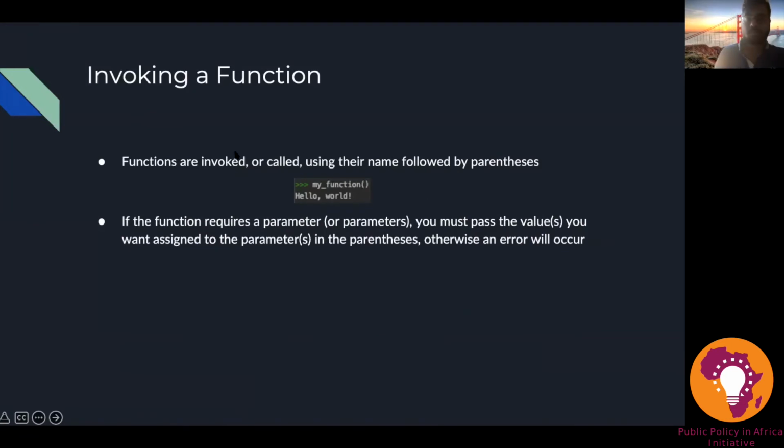Functions are invoked or called using their name followed by parentheses. So we simply call the function name and put the parentheses, and in the parentheses we have to pass any required parameters or inputs.